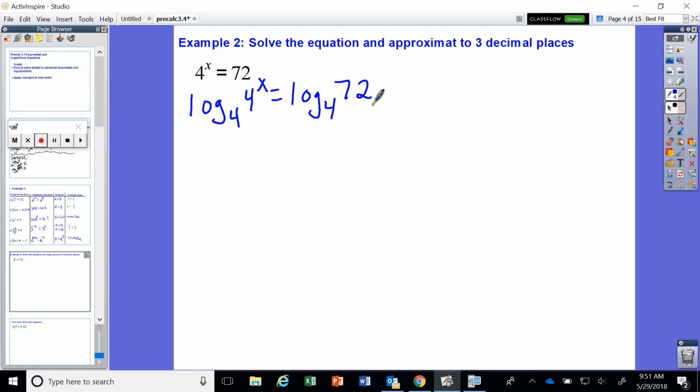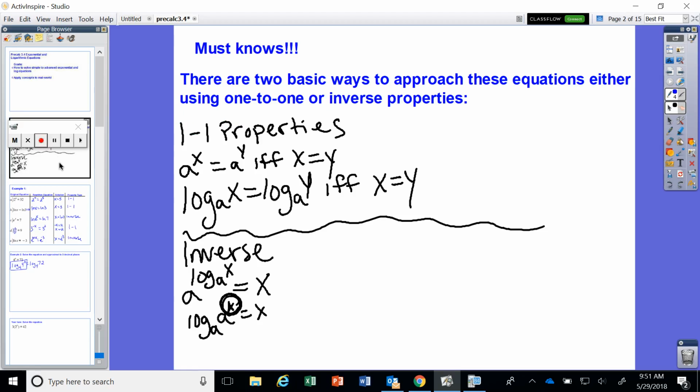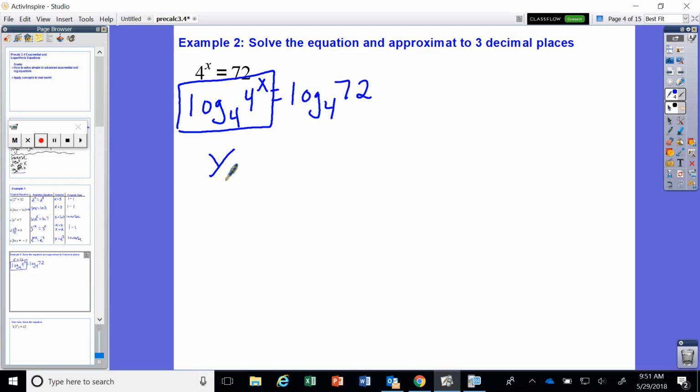All right, now what does this do? On the left-hand side, by taking the same base, take a look, you guys. That's exactly our inverse property down here, in which same bases will equal the exponent, so x equals the log base 4 of 72.